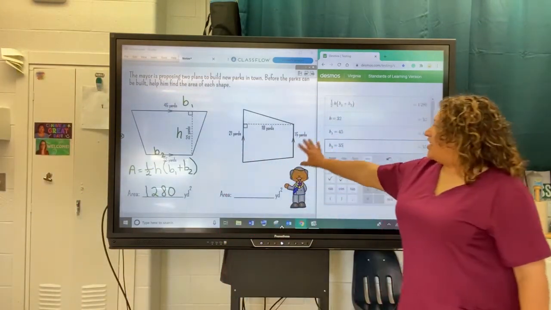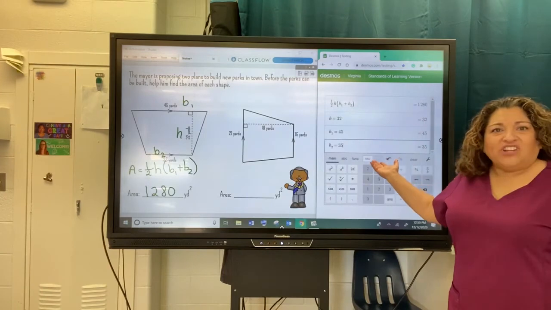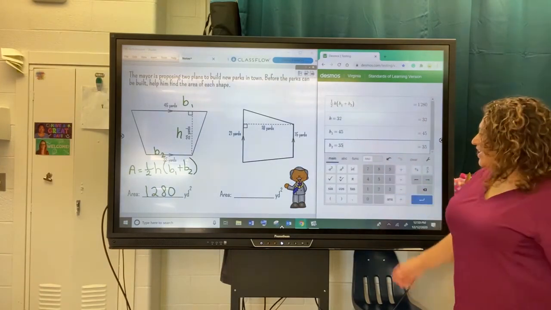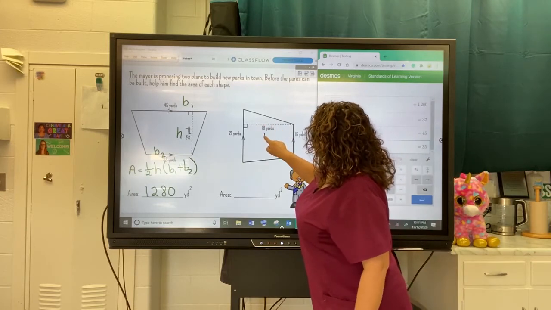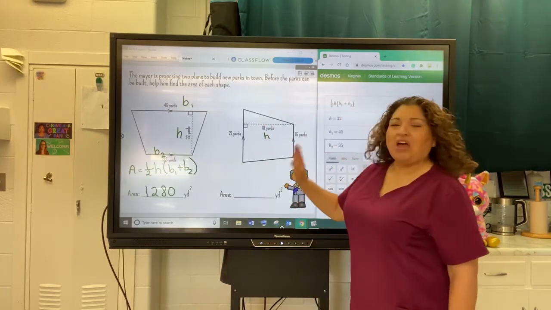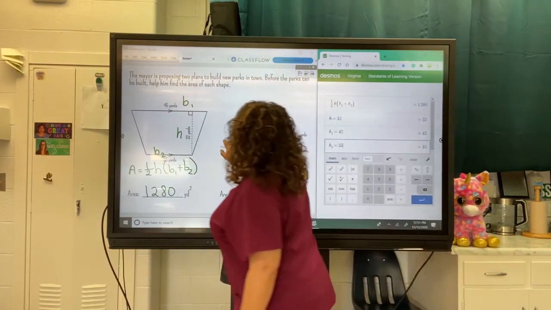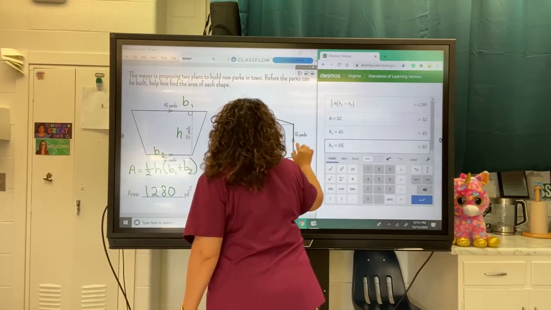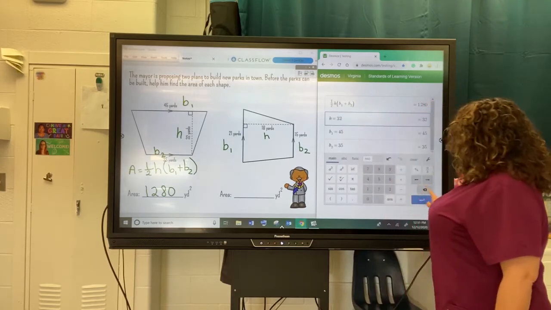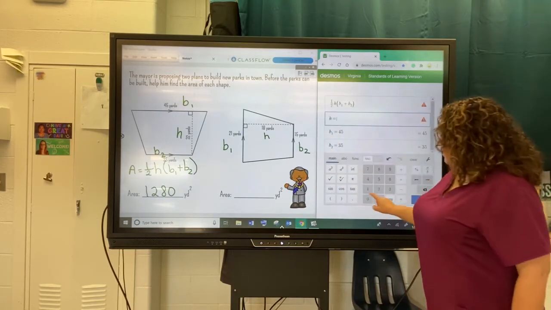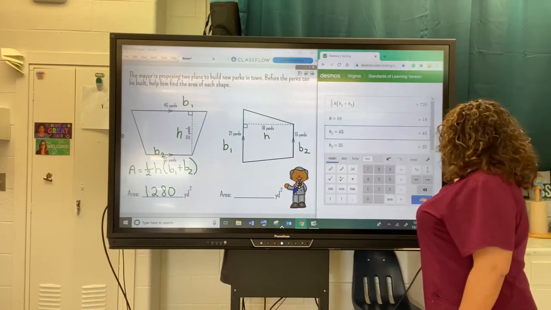Well, we've got another one here, but we've done our work. Now we're just going to plug in values. So we know the height is 18. I'm going to move left to right. This is base sub 1. This is base sub 2. So let's change the height to 18.